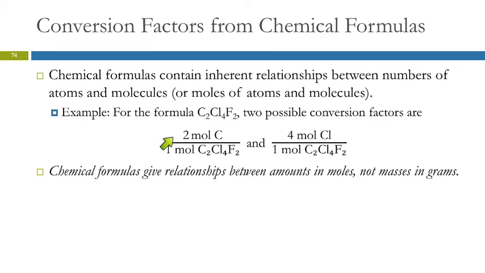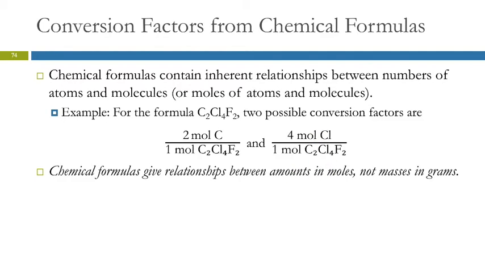If we're looking at the amount of carbon, we could say there's 2 moles of carbon per 1 mole of compound. And that's coming from the formula. In the formula, it's C2. There's 2 carbons in 1 molecule, so there's 2 moles of carbon in 1 mole of molecules. For chlorine, it'd be Cl4, so there's 4 moles of chlorine per 1 mole of compound.